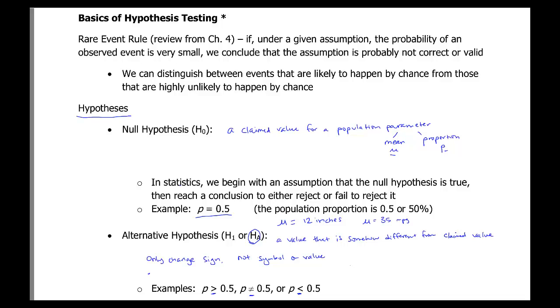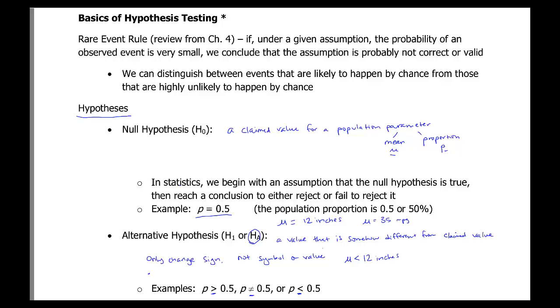So after you've written the null hypothesis and you're going to write the alternative hypothesis, the only thing you could change is the sign. So for these mean ones that I gave you, the mean equals 12 inches. Say we were looking for possibly that the mean is not as big as that, so we'd use mu less than 12 inches.